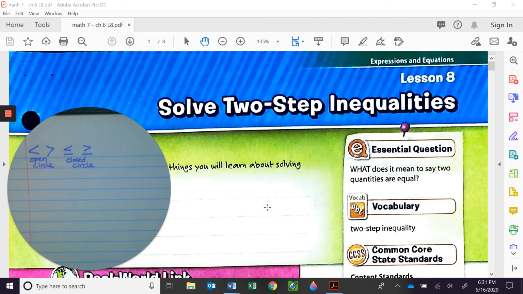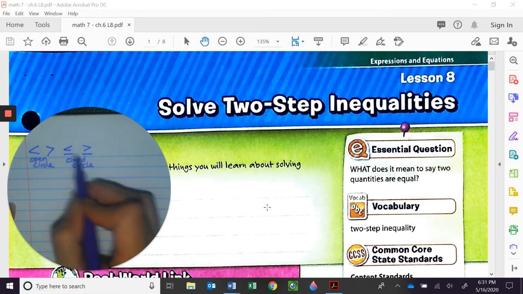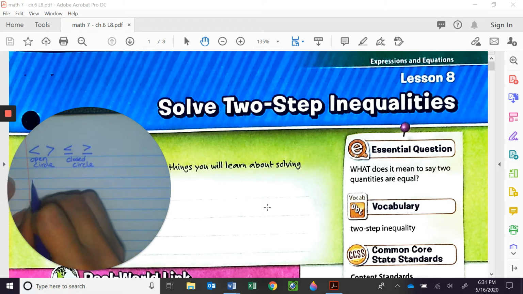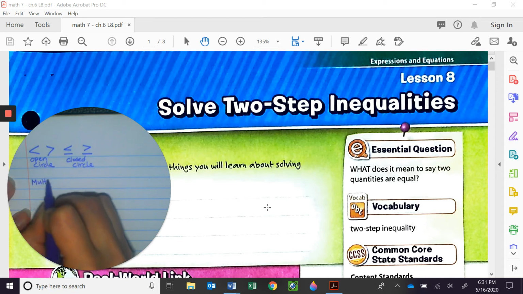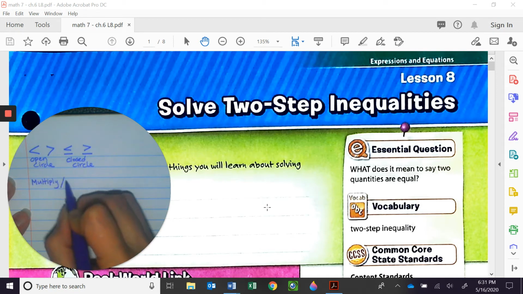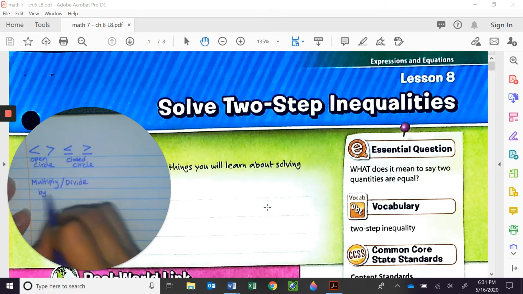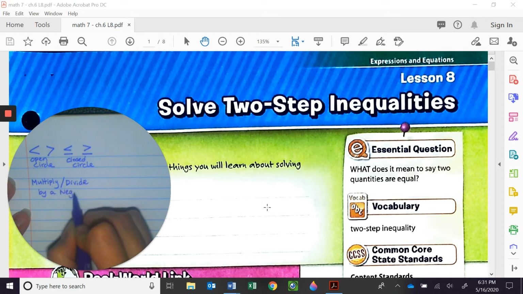The only difference, though, because we're dealing with inequalities, if we're multiplying or dividing by a negative, we flip the inequality.